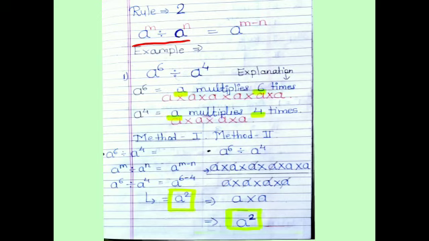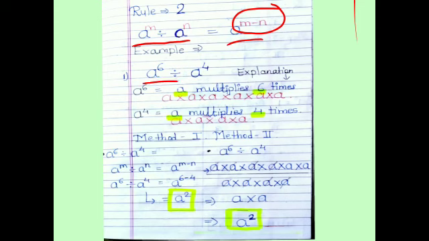Whenever the division sign is there, write the common base one time and subtract the indices, m minus n. So students, rule number 2 says whenever we have indices with the common base, that is a, we have to subtract the index.